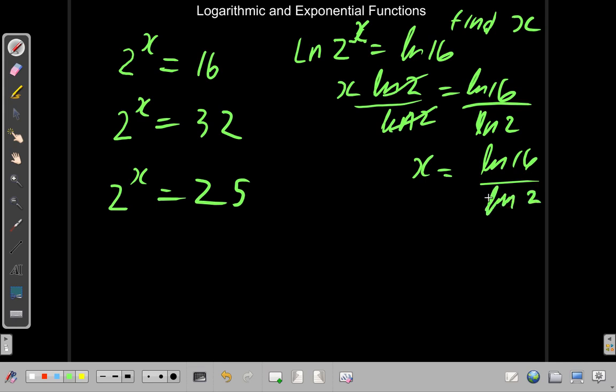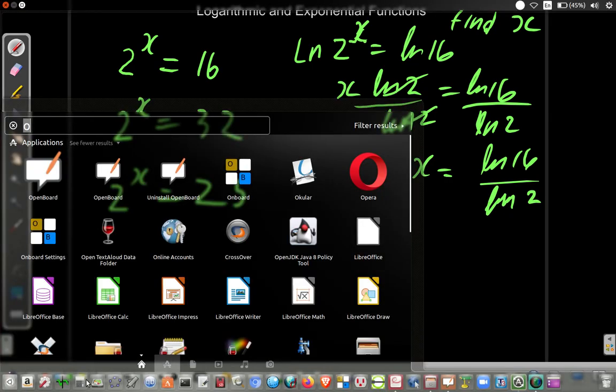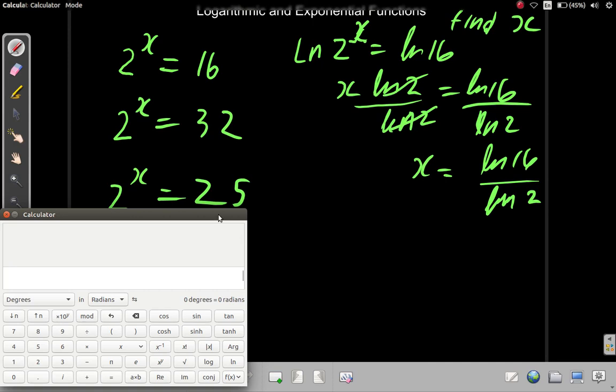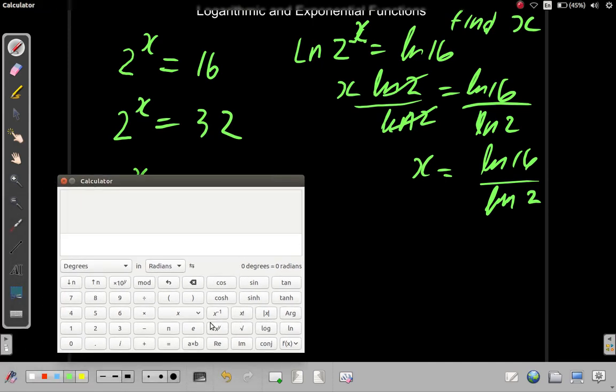Alright? And when we draw for our calculator to find ln 16 and divide it by ln 2, let me make sure it's ln 16 over ln 2.